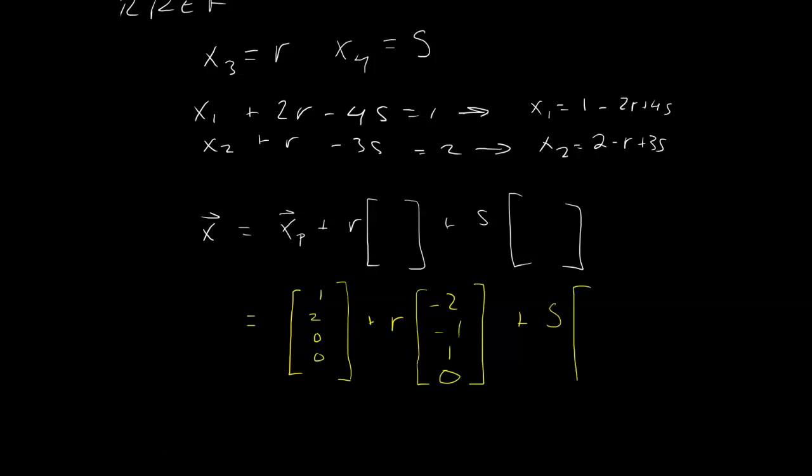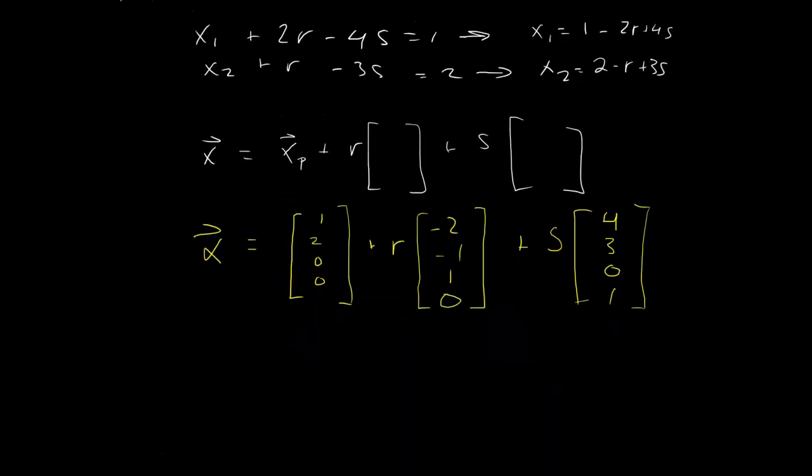Likewise, for my last vector here that I'm multiplying in, my x1 has 4 s's. x2 has 3. x3 has none, and x4 has 1. So here's a way of writing my solution in a parameterized form.